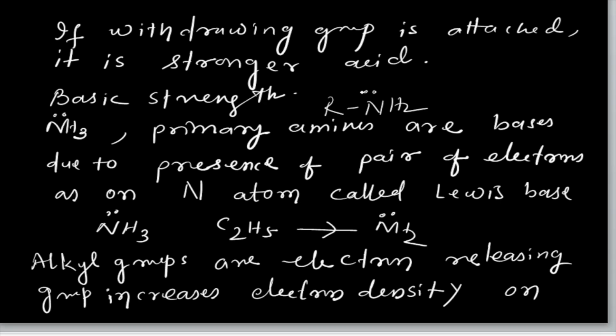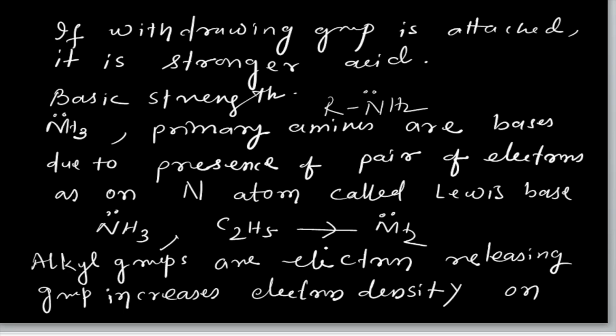Now you can see, if it is NH3, then it is also a Lewis base, because the pair of electrons on nitrogen can be donated to another. Similarly, if an alkyl group is attached to the amine group, here also the same: the pair of electrons on nitrogen, and from the ethyl side it can release electrons towards nitrogen.